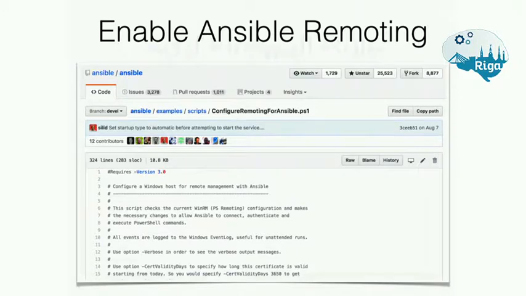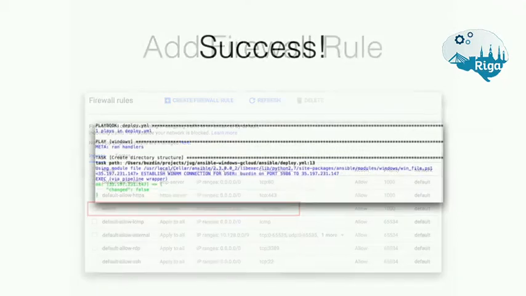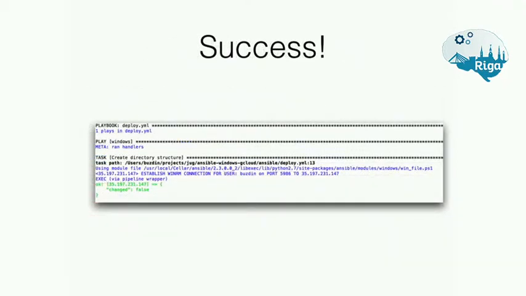Without running the script, it wouldn't work. Then on Google Cloud, you would have to add a firewall rule on the default port 5986, TCP protocol, and success. Our Ansible tool can finally connect to a Windows server deployed on Google Cloud.